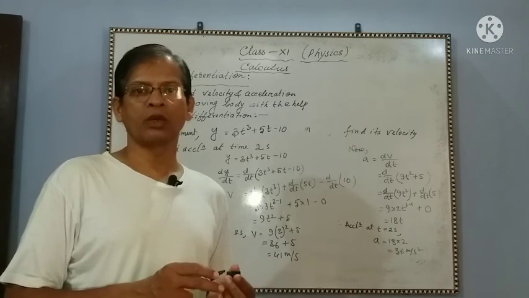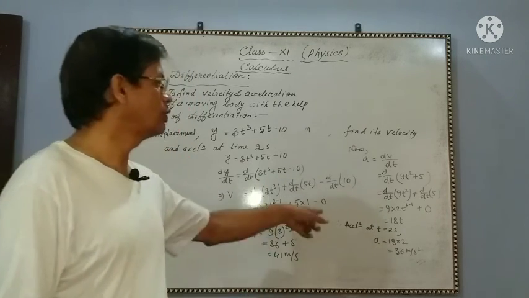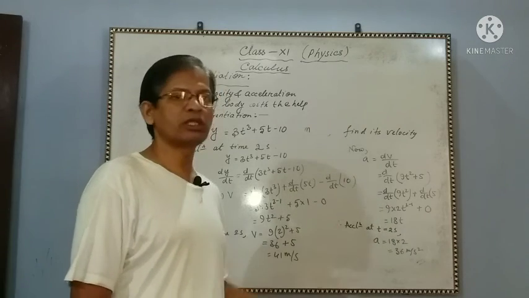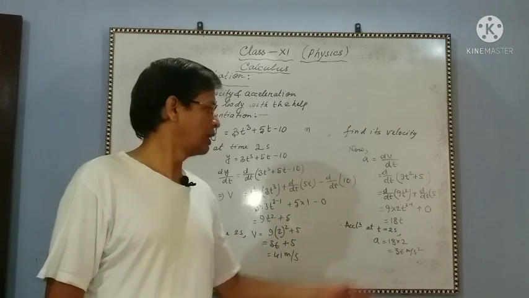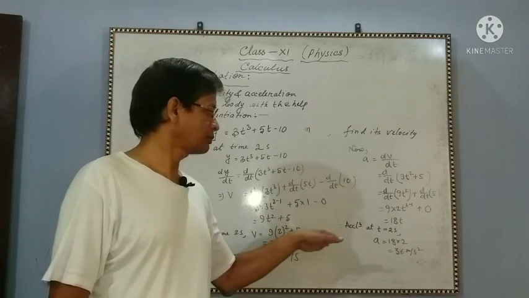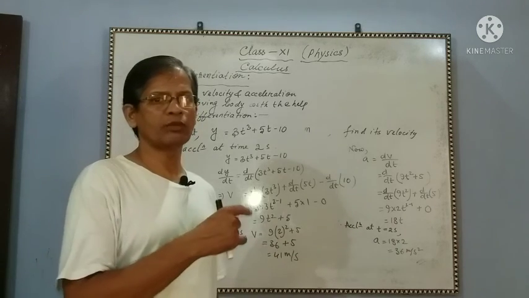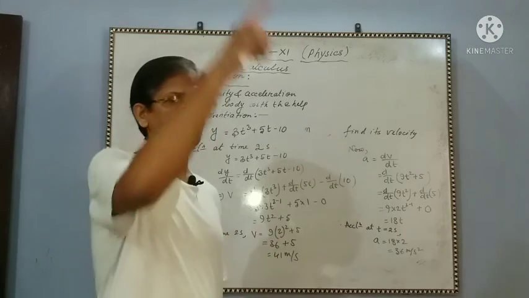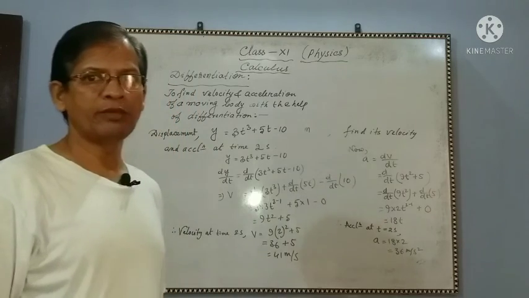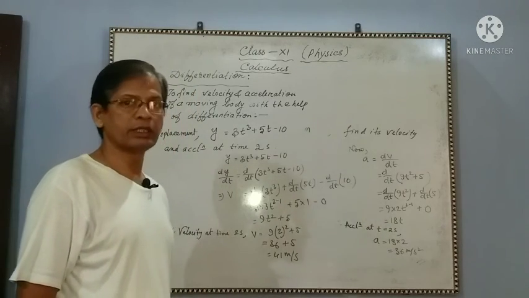And sometimes it asks what type of motion this is. It is not uniformly accelerated motion. Here velocity is gradually increasing, acceleration is increasing, and as time increases, velocity will also increase.